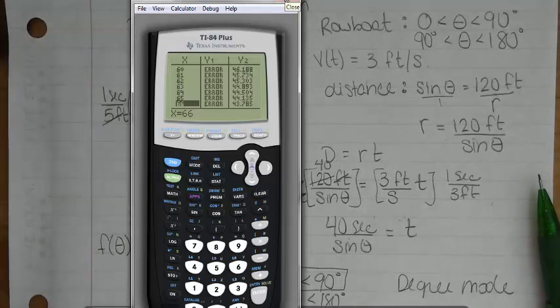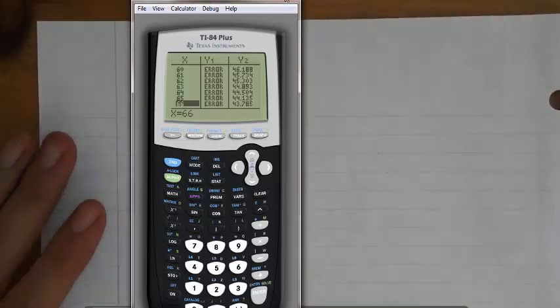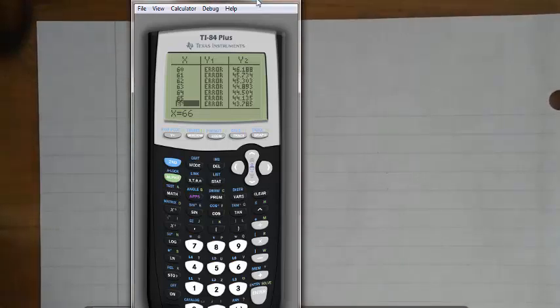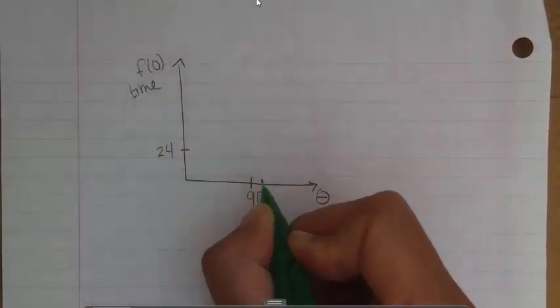we have this graph. Let me get rid of my calculator here. We'll let this be theta. And at 90 degrees, his time, so f of theta, which is really time, is 24 seconds.